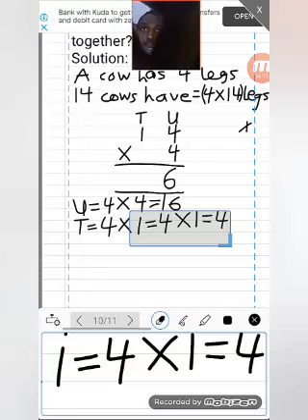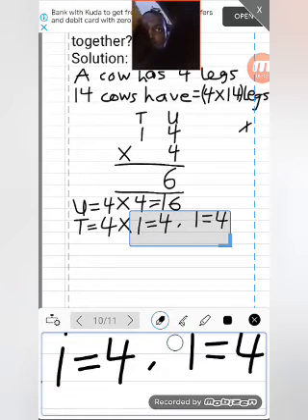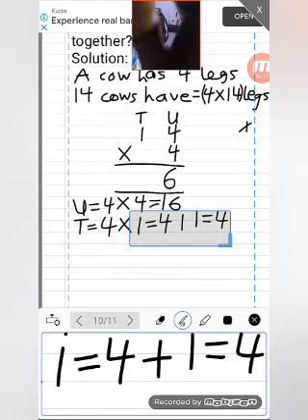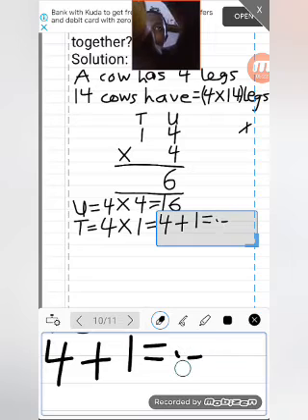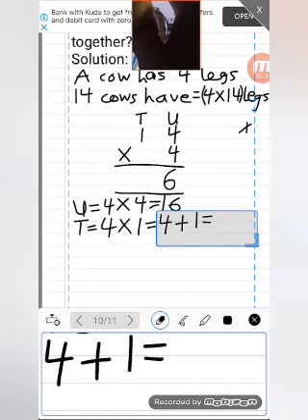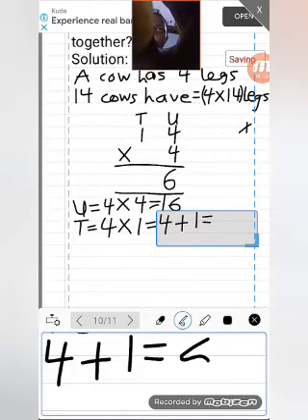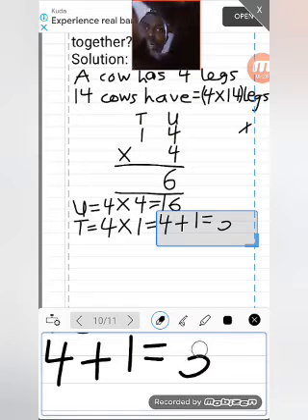We add, not multiply, we add the 1 to the result of the multiplication in the tens. And when we add, what do we get? 4 plus 1 is what? 5. Sorry, let me write this properly.